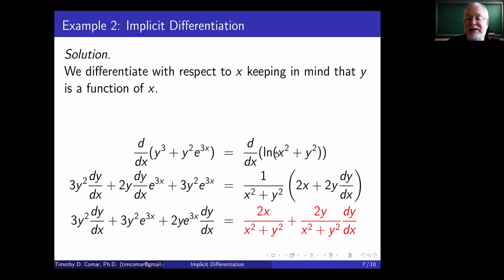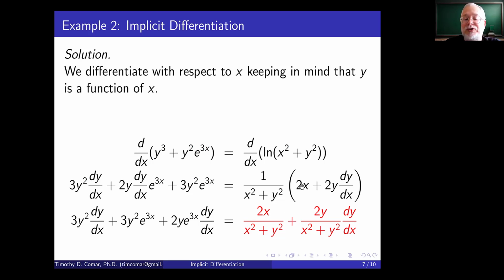On the other side, the derivative of the natural log function is 1 over its inside, so it's 1 over x squared plus y squared times the derivative of that inside, which is 2x plus 2y times the derivative of y. Notice when I expanded this right-hand side using the distributive rule, I wrote this in red over here.